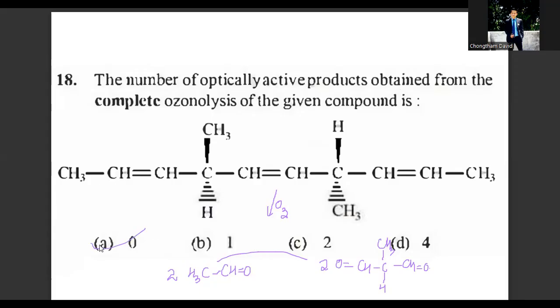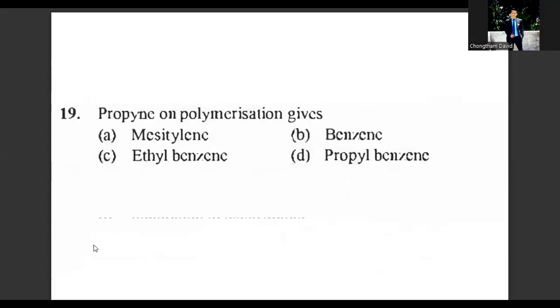Question number 19, let's read. The propyne on polymerization gives. So it will start to undergo cyclization. Propyne, this is your alkyne, with the formula CH3-C≡CH. So cyclization will take place, double bond here.